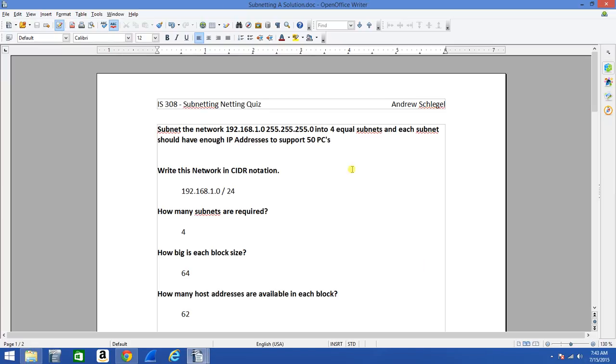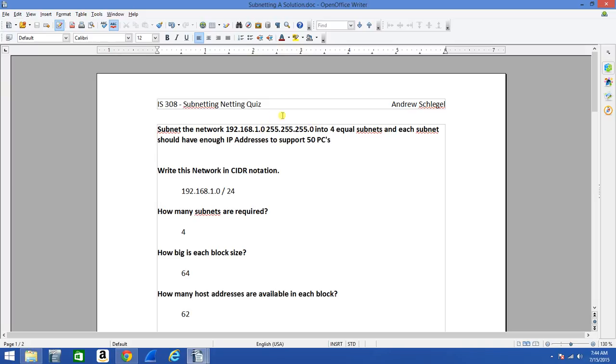Okay, so let's go back up here and look at this. So you remember these are 8 bits each, one of these quadrants. And the ones to the left represent the network bits, and the zeros to the right represent the host bits. So this is 8 bits you can use here.